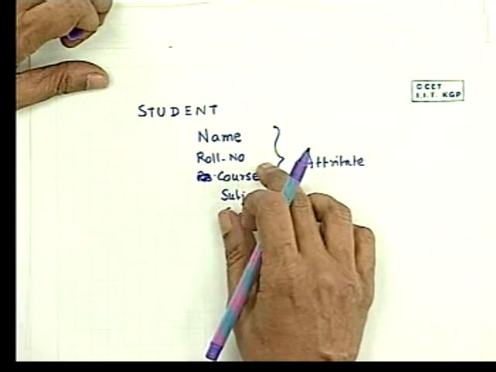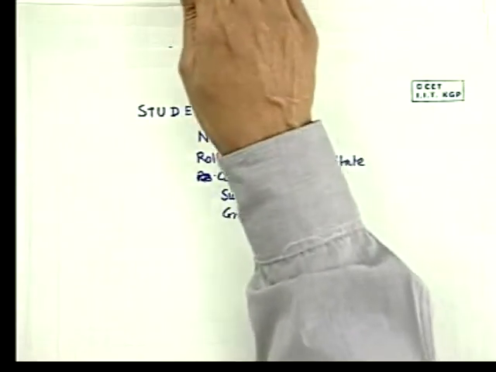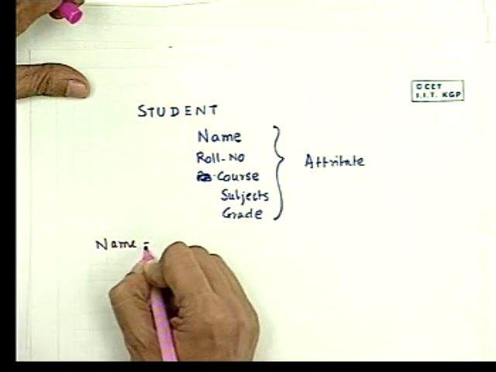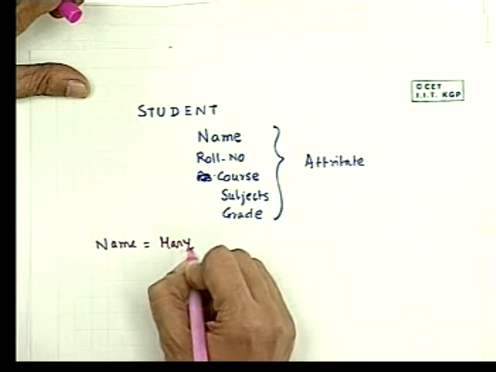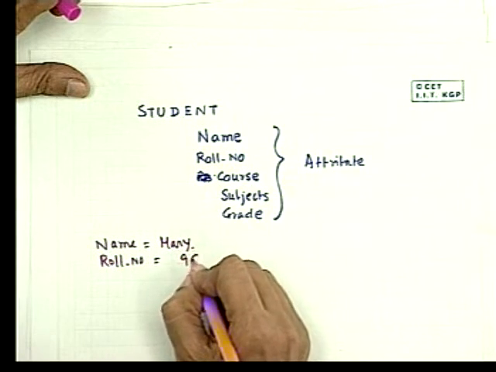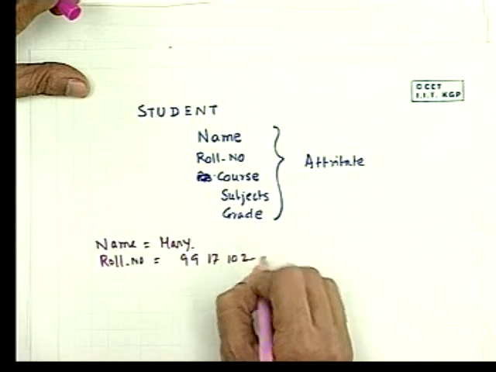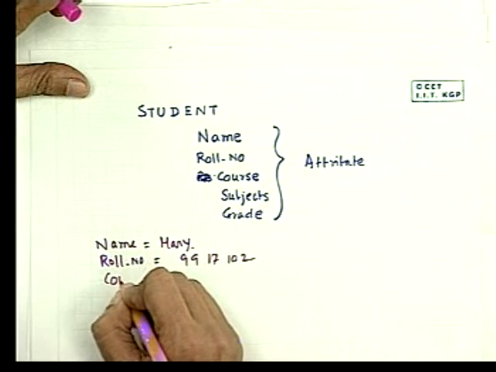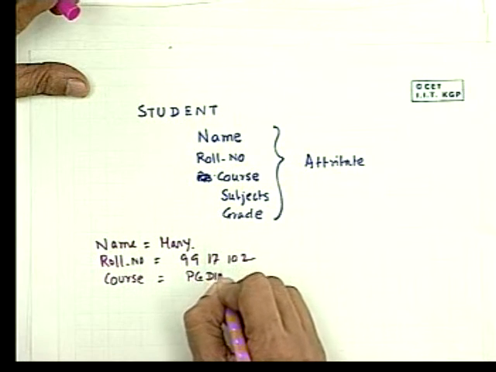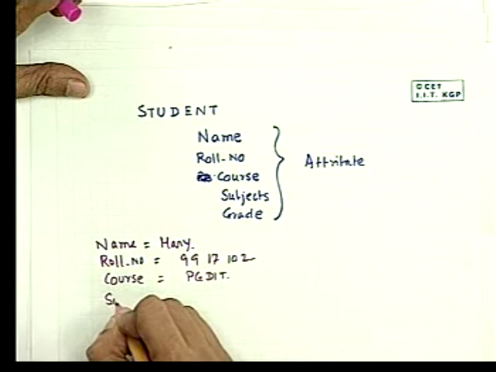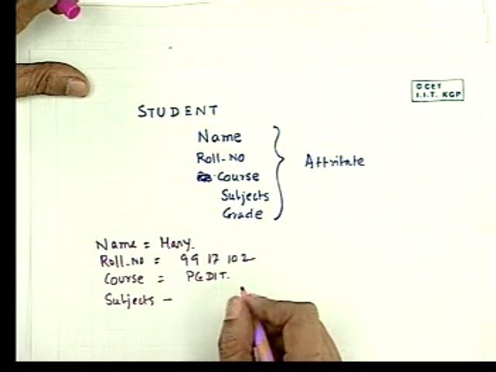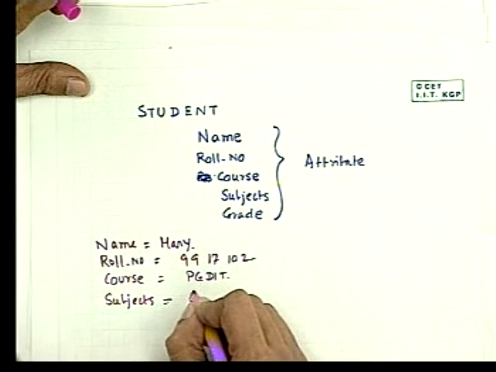She may have a roll number, say 9917102. The course she is registered into is, say, postgraduate diploma in information technology. Subjects taken, one of the subjects is, say, object oriented design.